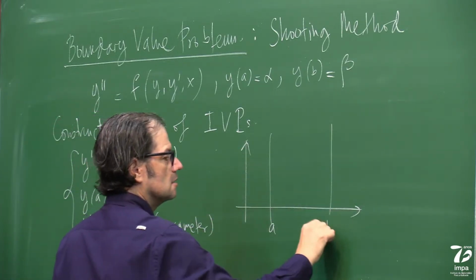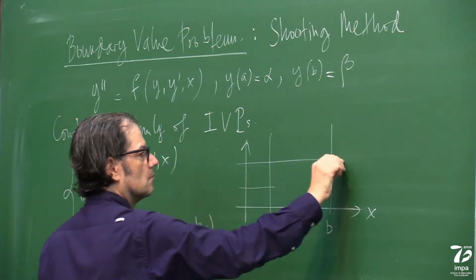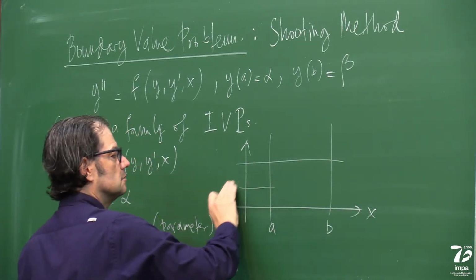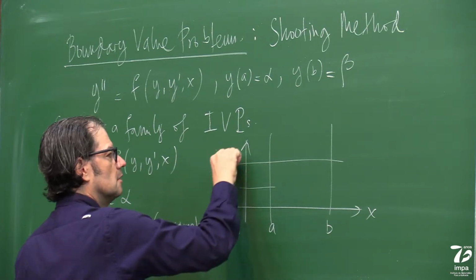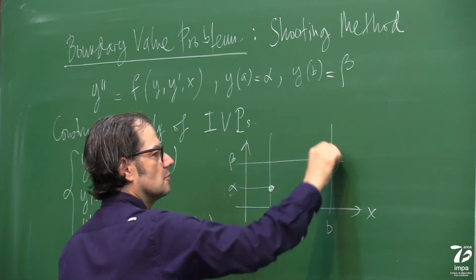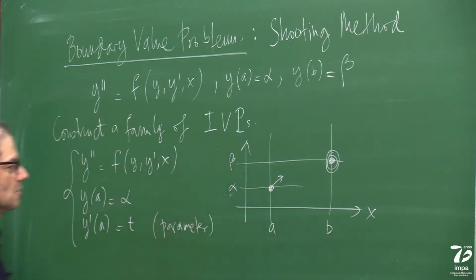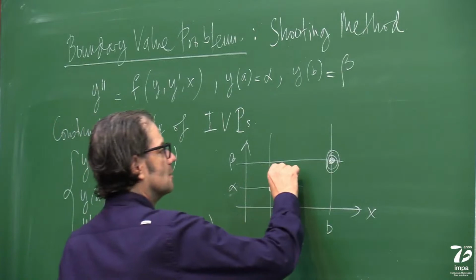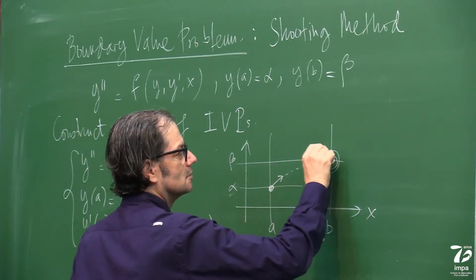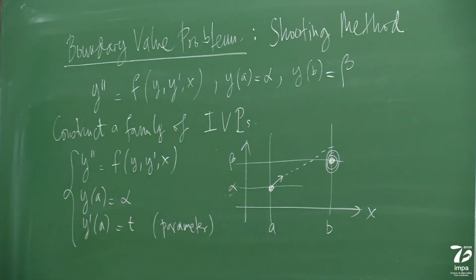This is A, this is B, this is X. This is alpha. This is beta. This is our target. And this is our angle at which we're shooting. And we hope then to learn from missing the target.